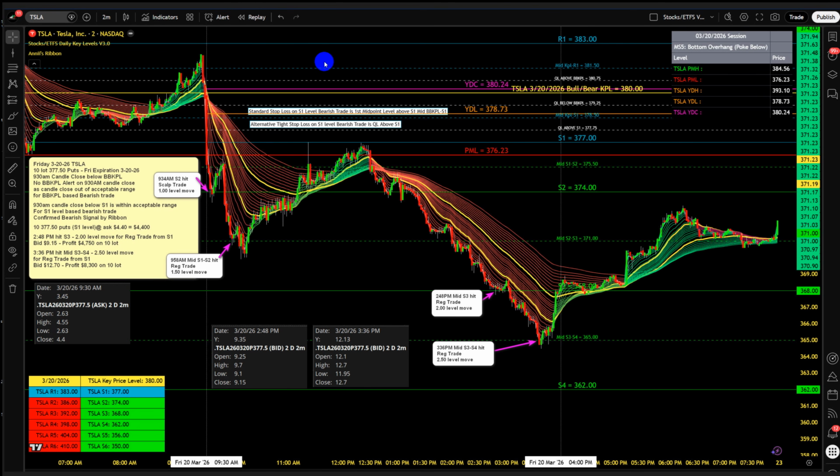Also, as mentioned at the beginning of this video, if you would like to know more about this indicator and all of the different features, we did not go into those today. It does have some special features for low float and low float parabolic microcap and small cap stocks, which is an automated Fibonacci extension when price happens to touch either the R10 level or the S10 level during a session.